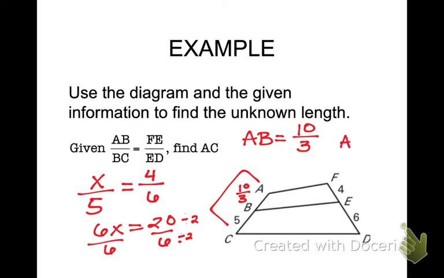So AC is equal to 10/3 plus 5. How do we add that? Can you just do 15/3 and then reduce it? Yeah, we could easily do that. Make a common denominator, 15/3, because 5 is the same as 15/3, so that'd be 25/3.